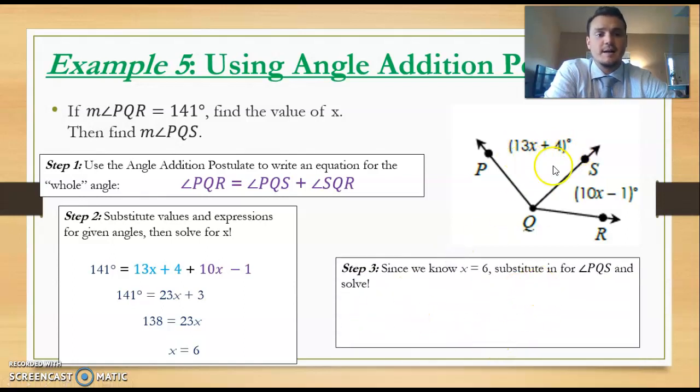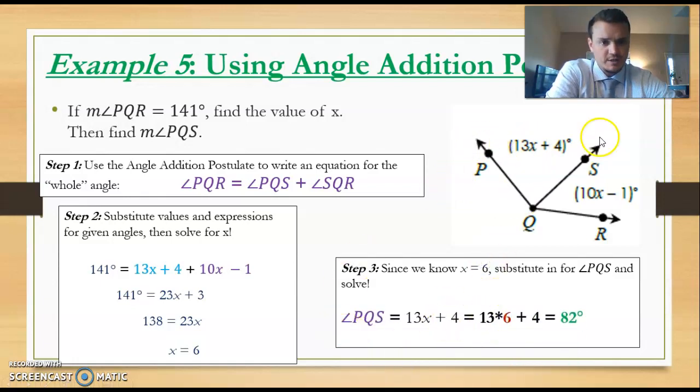So we are just going to substitute 6 in for x. PQS equals 13 times 6, because that's what x is, plus 4, because that's what this expression says. 13 times 6 plus 4 will get us to 82 degrees. And that's what the measure of angle PQS should be.